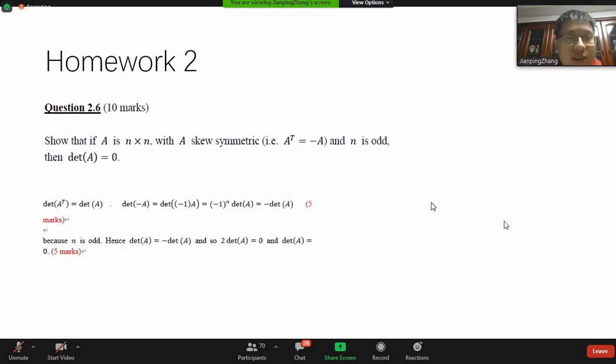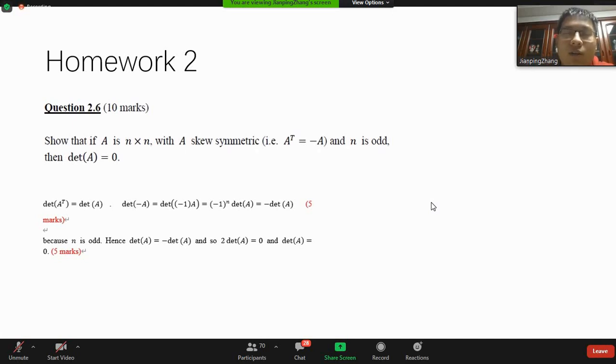And for question 2.6, suppose that we have an n by n matrix, and we have the symmetric property. And from the class, we know that the determinant of A transpose is equal to the determinant of A, because we can expand it along a row, or we can expand it along a column.